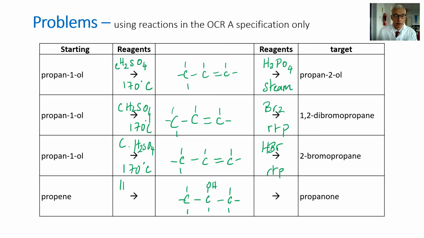So this would be concentrated phosphoric acid, steam, and this of course would be dilute sulfuric acid and potassium dichromate, and we would need to reflux, fitting it in the bottom there. So you need to know those and problem solve. You can't problem solve without a thorough knowledge of all the reactions on the OCR specification.